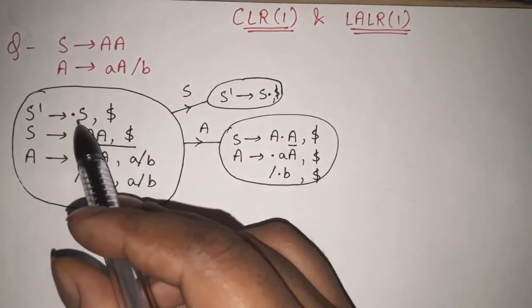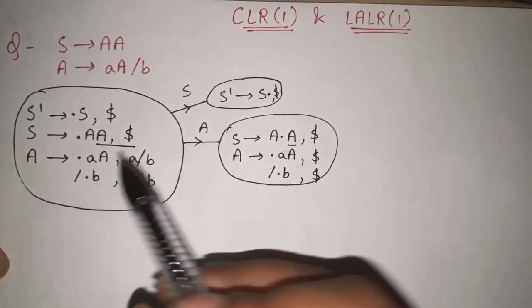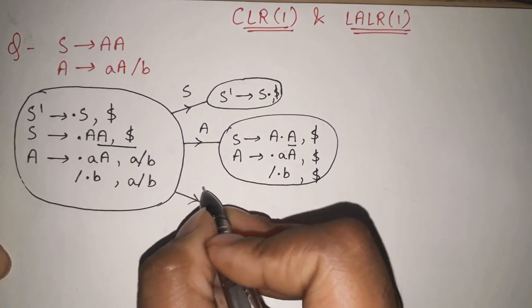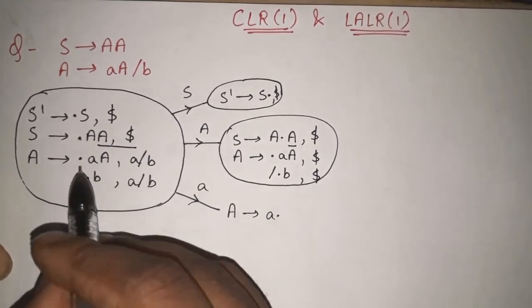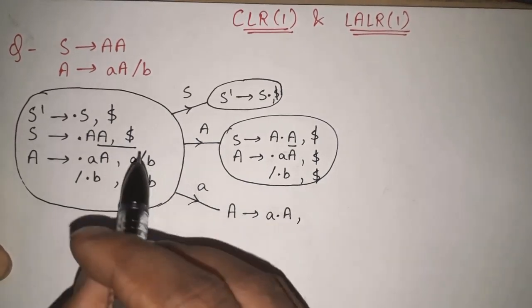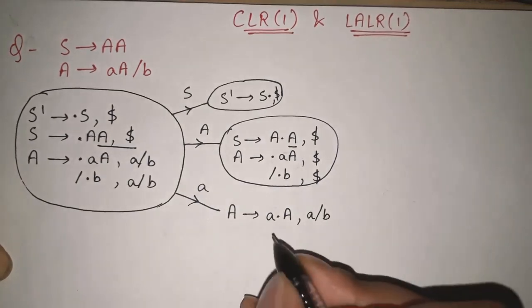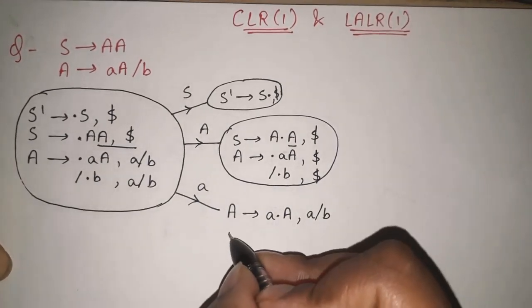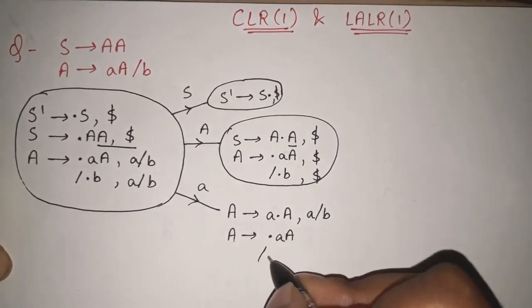Then what is remaining? S is done, A is done. Now I have to do for small a and small b. For small a, I will get A gives a dot A, where the dot is shifted, and the lookahead will be the same, a slash b. Now here after the dot A is there, so I have to again write the productions of A, that is dot a A and dot b.